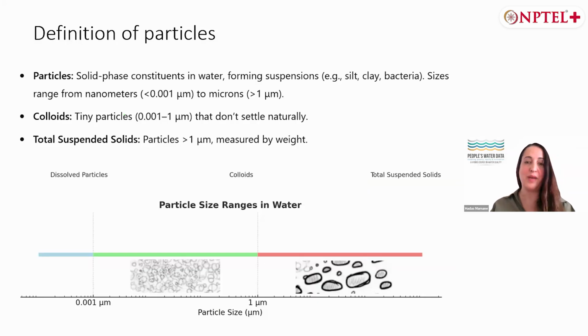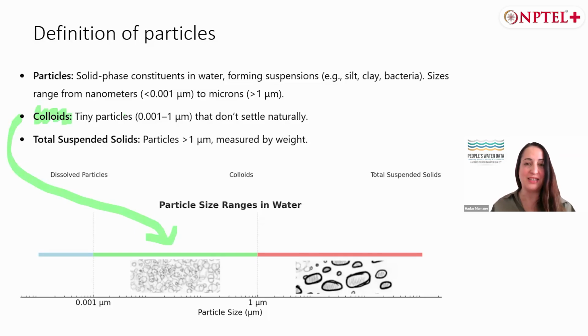They form a suspension inside water, and the sizes of the particles can range from the nanometer range to the micron range and above. One of the most important classifications are the colloids. The colloids, as we see here, those are the tiny particles.